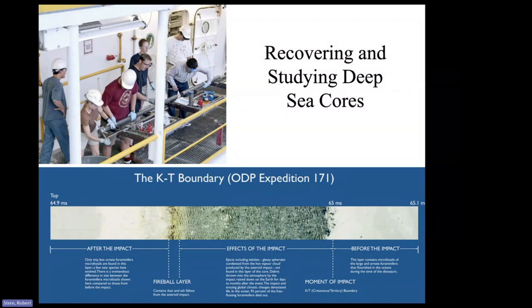So this is right at the Cretaceous-Tertiary boundary. So this is white chalk deposited before the impact. These are sediments deposited right at the time of the impact. And then this is the recovery of the ocean, the environment after the impact. So that's an example of what you might get out of studying a core like this.